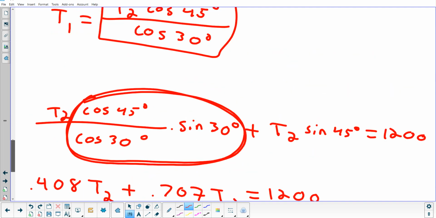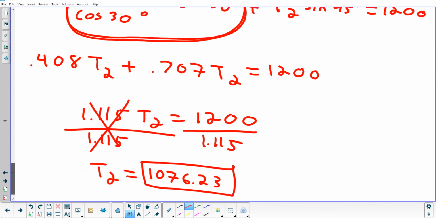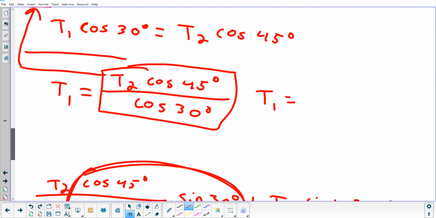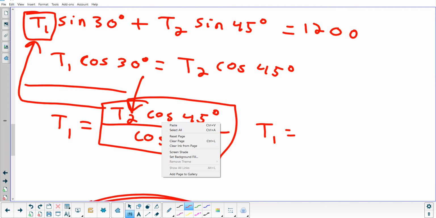And now, to find the tension in cable 1, just do it right here. Take 1076.23, multiply that by cosine 45, and divide by cosine 30.